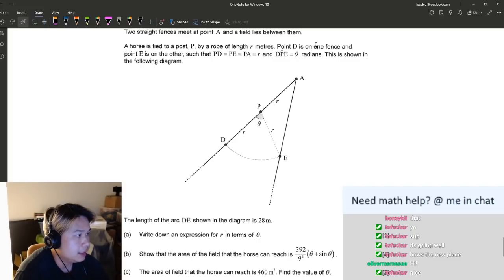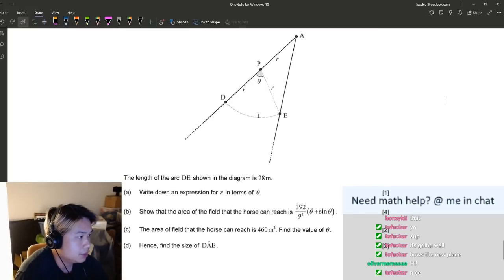Okay, point D is on one fence and point E is on the other, such that PD is the same as PE, which is also the same as PA. And those are all obviously r. And then angle DPE, which is right here, is theta. And all this is shown in the diagram, sure.